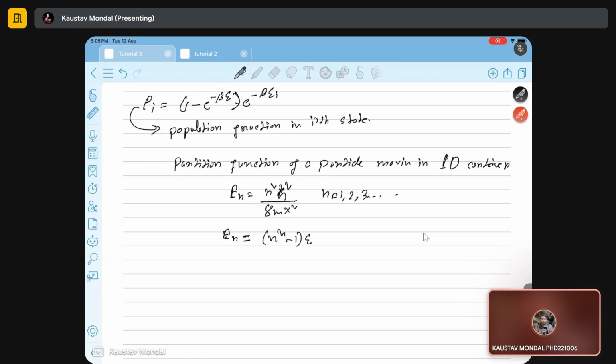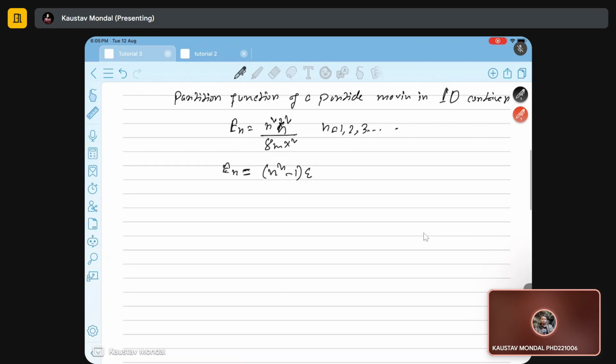This is the expression. So now from here I have calculated the partition function, the sum of e to the power minus (n square minus 1) beta epsilon, n from 1 to infinity. As you know, infinity is very high, so n should be very high compared to 1.